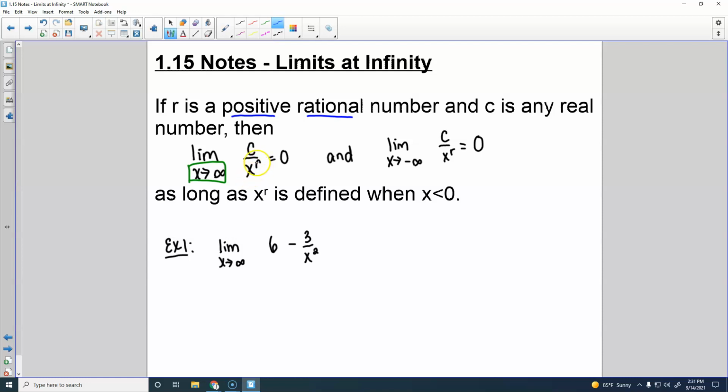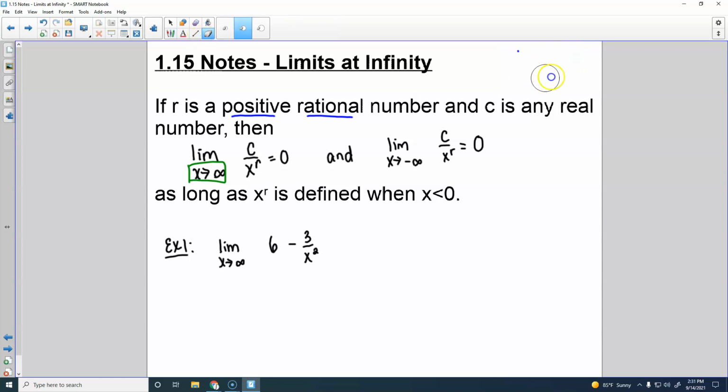It must be a positive power, because what happens if I have 1 over x to the negative 2? We got a switcheroo here, and that's got to come to the top, so we really don't have an x in the denominator if my exponent is negative there.